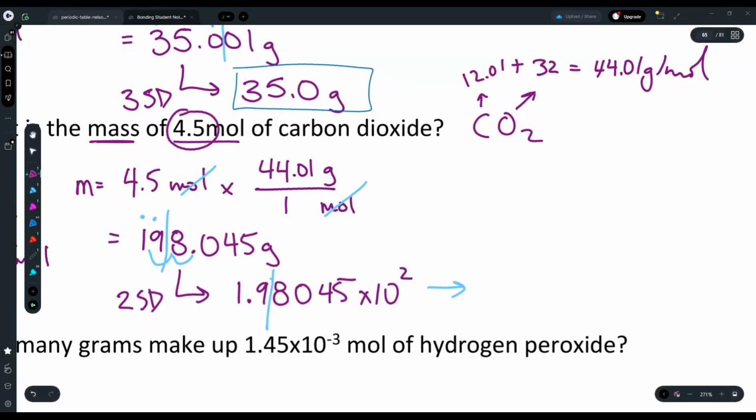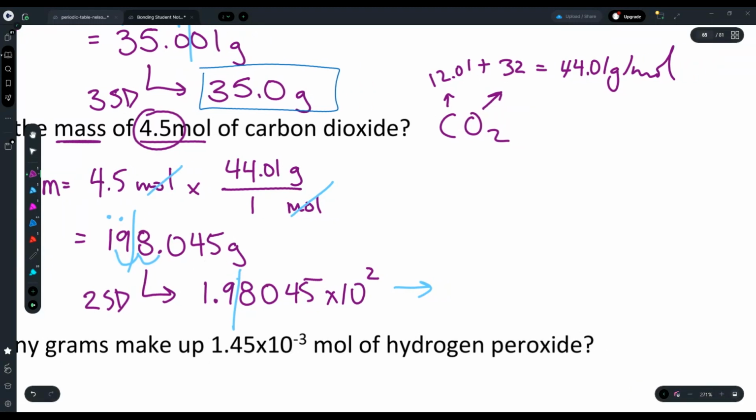Okay, so since the number right after the cutoff line is 5 or higher, it's going to round up the number in front of the cutoff line. But since this number is a 9, it's also going to bump up the next digit to the left. So this is going to be 2.0 times 10 to the power of 2, and our units are grams.